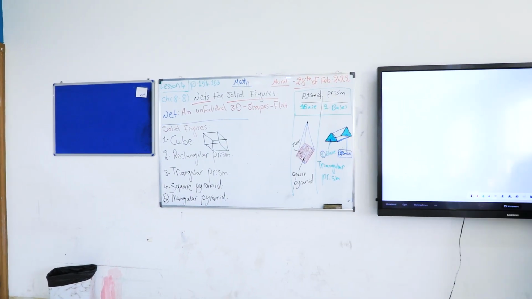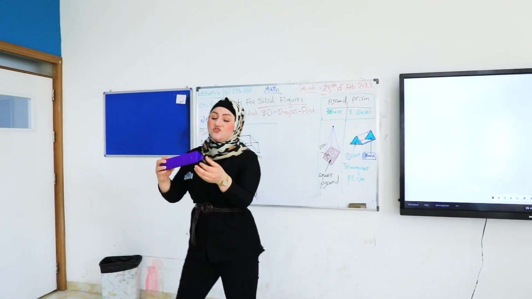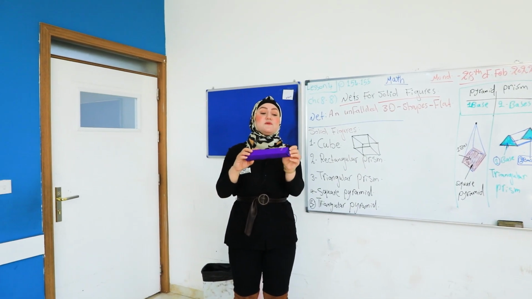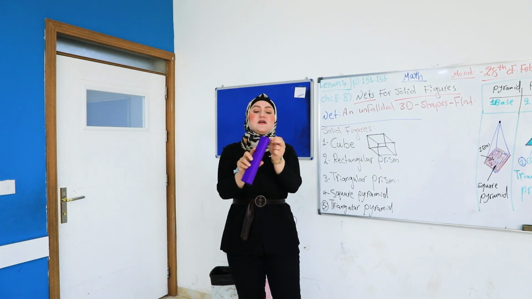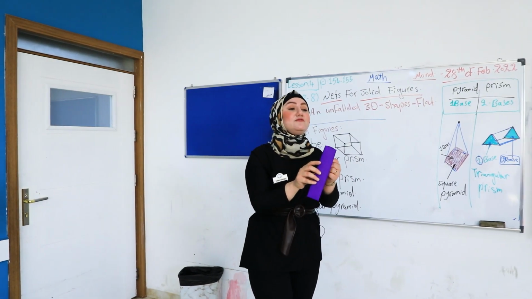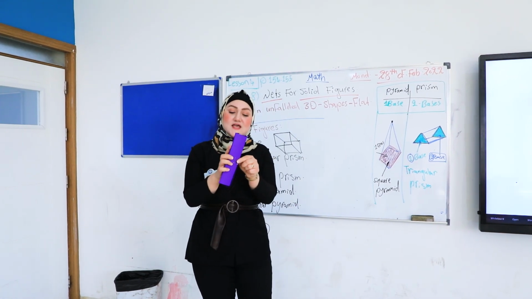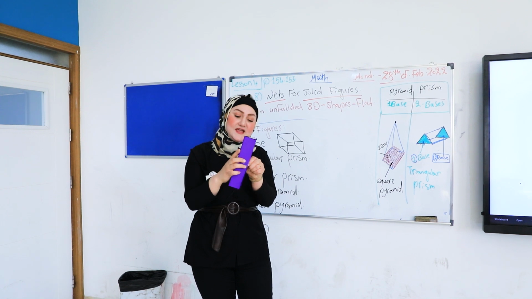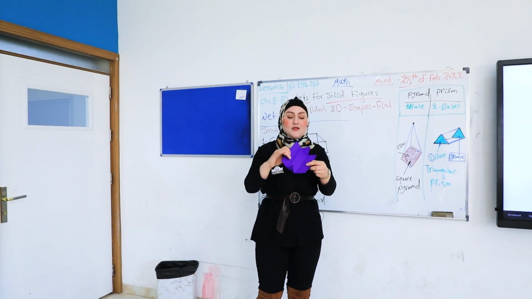And then I'll also show you the net of the triangular prism. Why could it be called a prism, guys? That's because we have, very good, because we have two triangle bases. And then I'm going to show you the net of it, which is so interesting. Look here, guys.